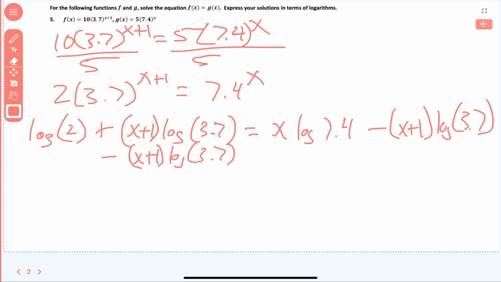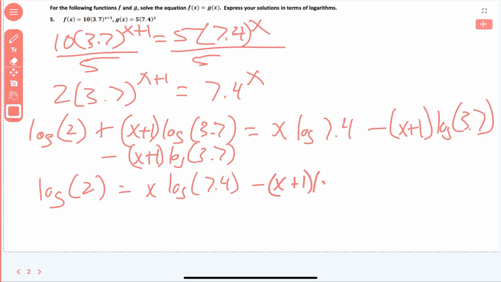Did I do something crazy there? It's just going to leave me with log 2 equals x log 7.4 minus (x plus 1) log 3.7, right? We're good with that?